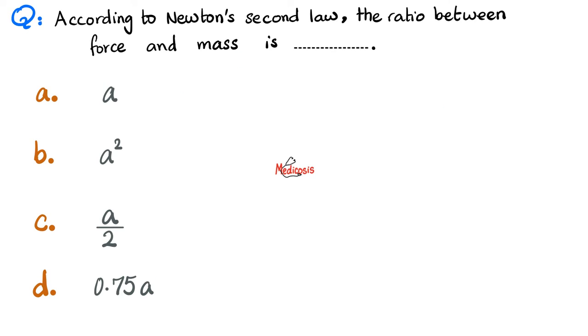Here's a question for you. According to Newton's second law, the ratio between force and mass is what? Is it acceleration, acceleration squared, half acceleration, or 3/4 of acceleration? Please pause and try to solve this yourself. Okay, let's go. What is Newton's second law? The resultant force equals mass times acceleration. So the ratio between force and mass, whenever you say ratio, it means division. Force divided by mass.